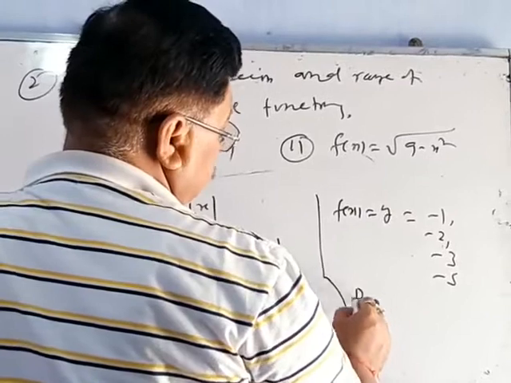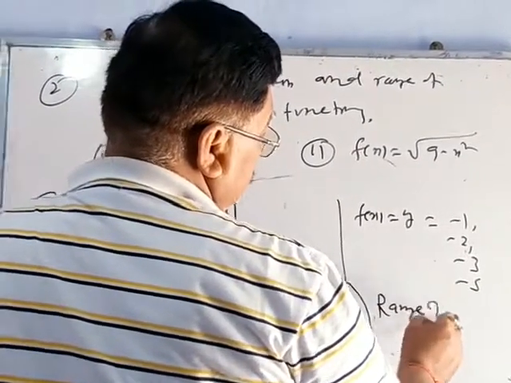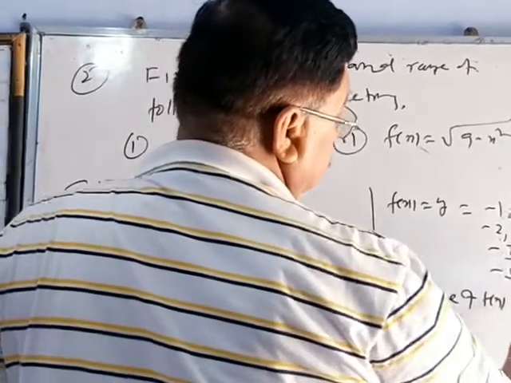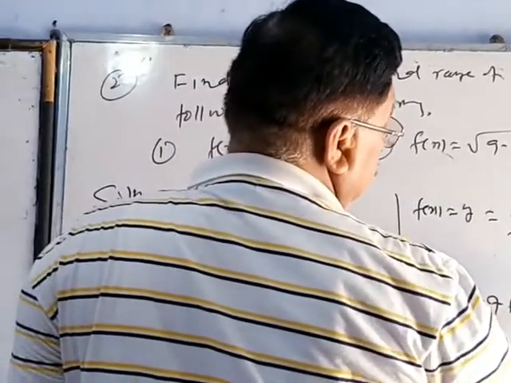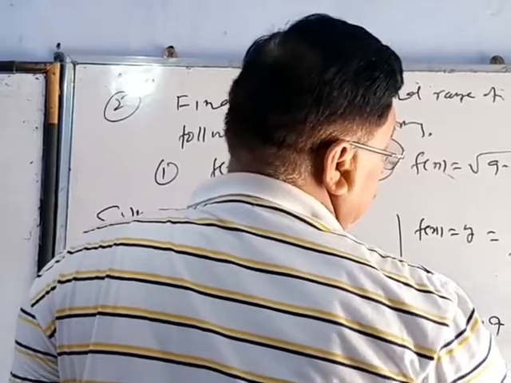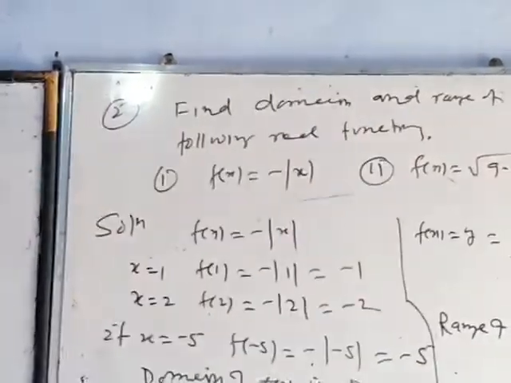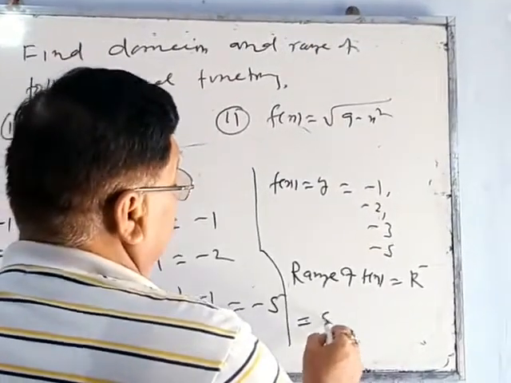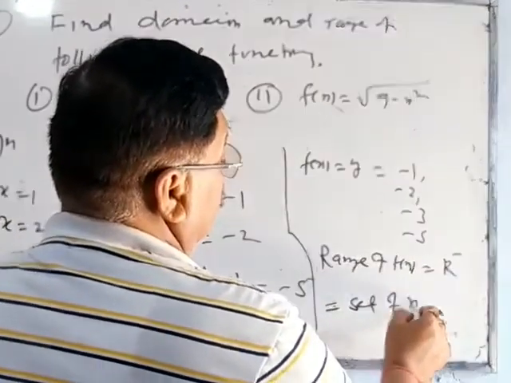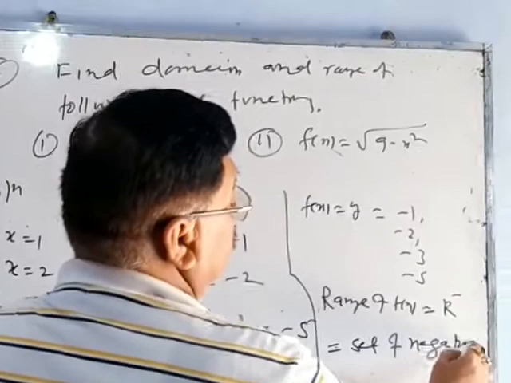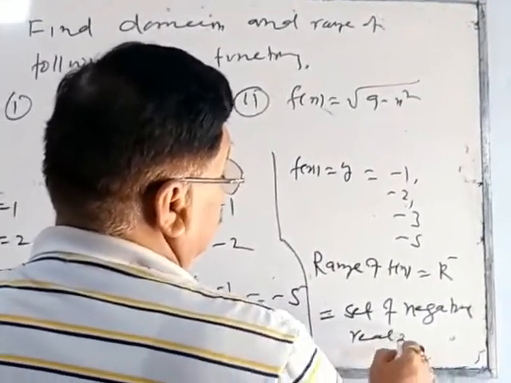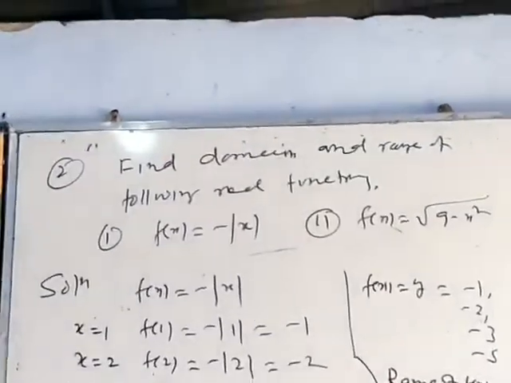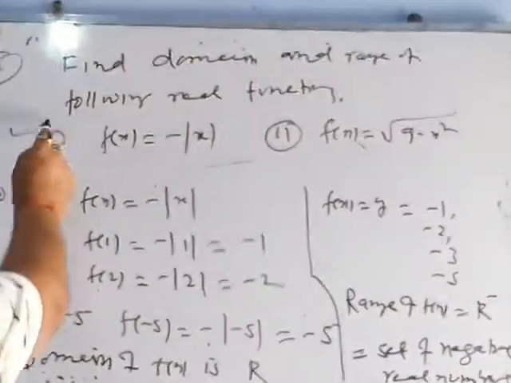So the range of f(x) is R minus, the set of negative real numbers. This is the domain and range of this.